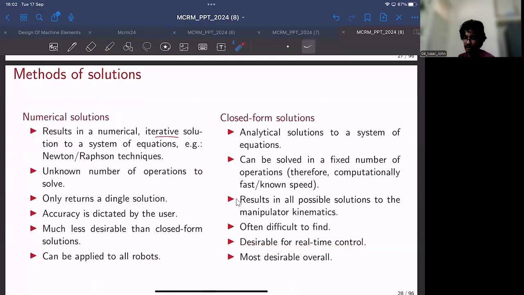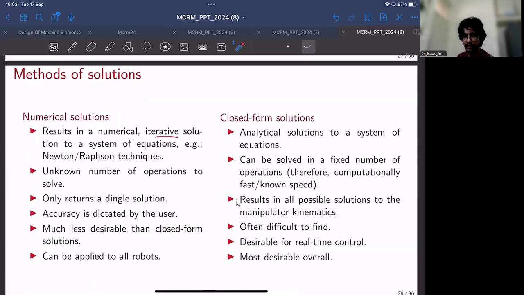Numerical solutions can be applied to all sorts of robots, because this Newton-Raphson scheme can be applied to all sorts of robots. But that's not the case for analytical methods, because some robots can have analytical solutions, some may not. But the numerical method can be applied throughout, even for a 2-hour robot.